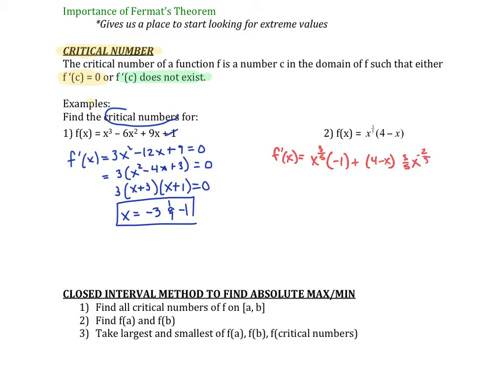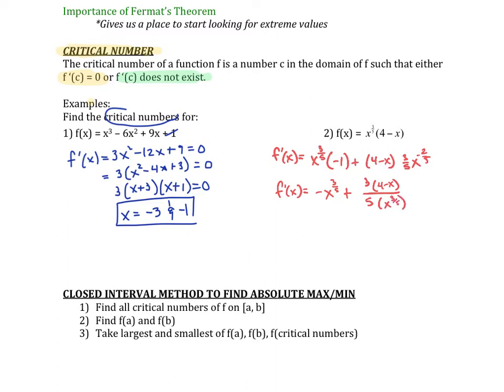All right, so now I can clean this up a little bit when I set this equal to 0. And here I'm just going to rewrite this like this. I'm going to say f prime of x. This is going to be negative x to the 3/5. And then this will be plus, and then we'll say this is 3 times the 4 minus x all over 5, and this will be x to the 3/5 like that. I'll just go ahead and write it like that.